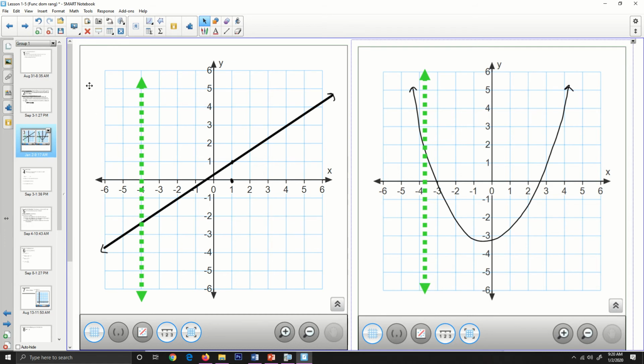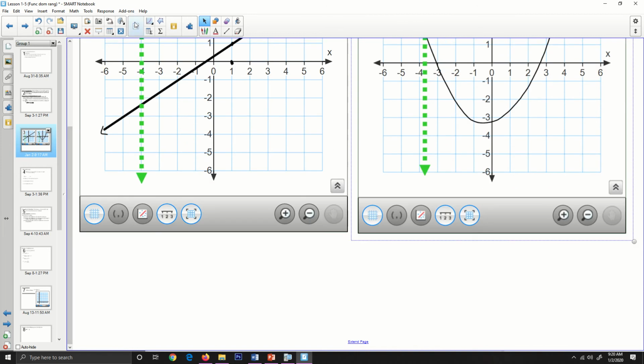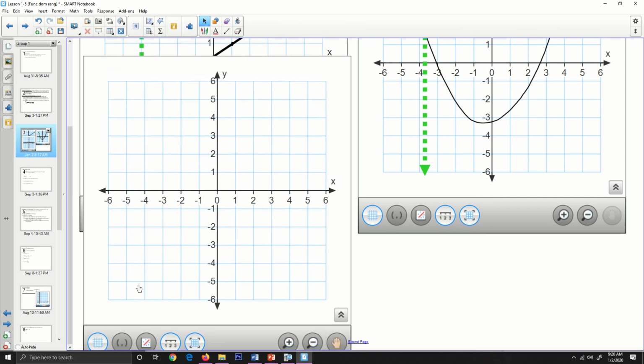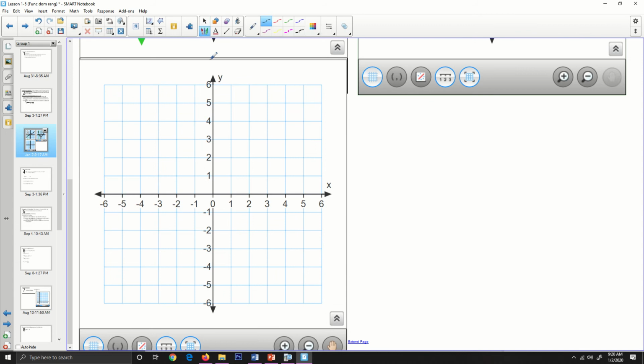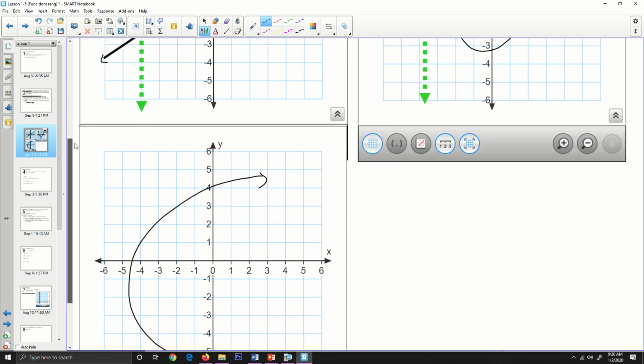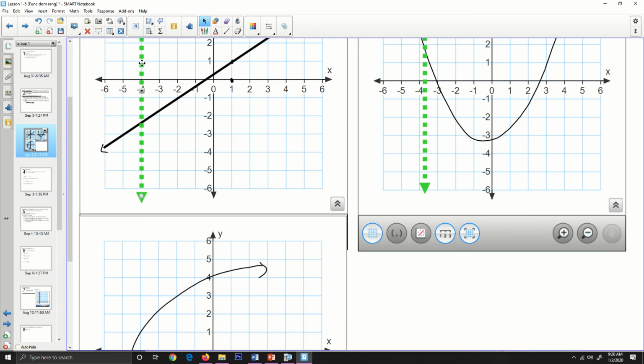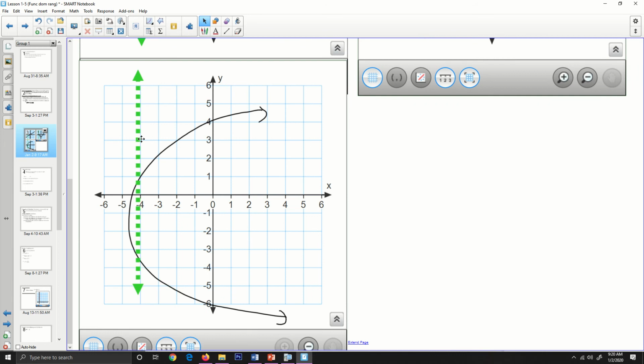All right. Now, let's grab one more graph here and pull it down so we can see this. If I drew a graph that looked like this, and I grab this vertical line and bring it down there, we can clearly see that this vertical line has two y values for a given x value.